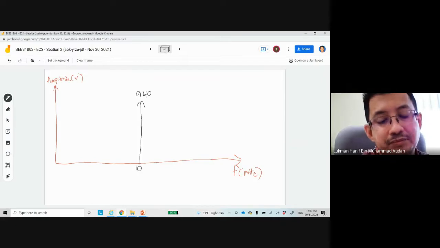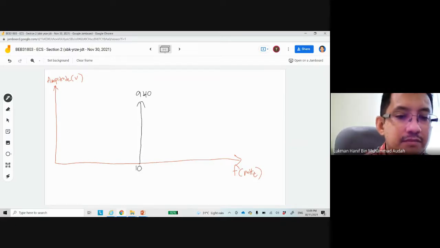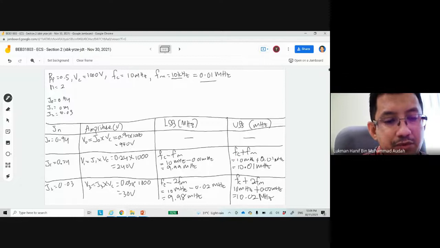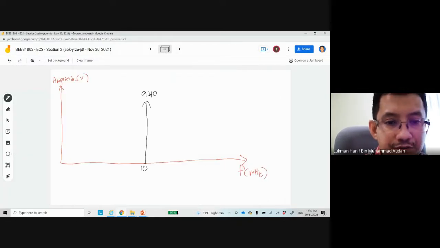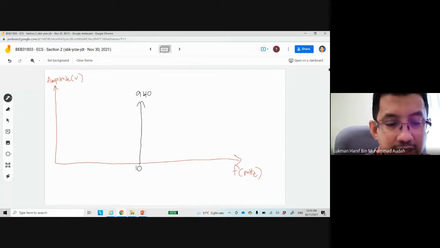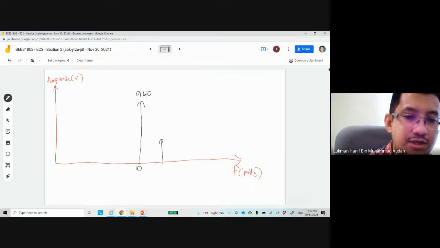And then I have the first sideband. The first sideband, the amplitude is 240 volt. 240 volt mestilah lebih kecil. So saya agak-agak dia berada di somewhere here, for example. I do the estimation only.